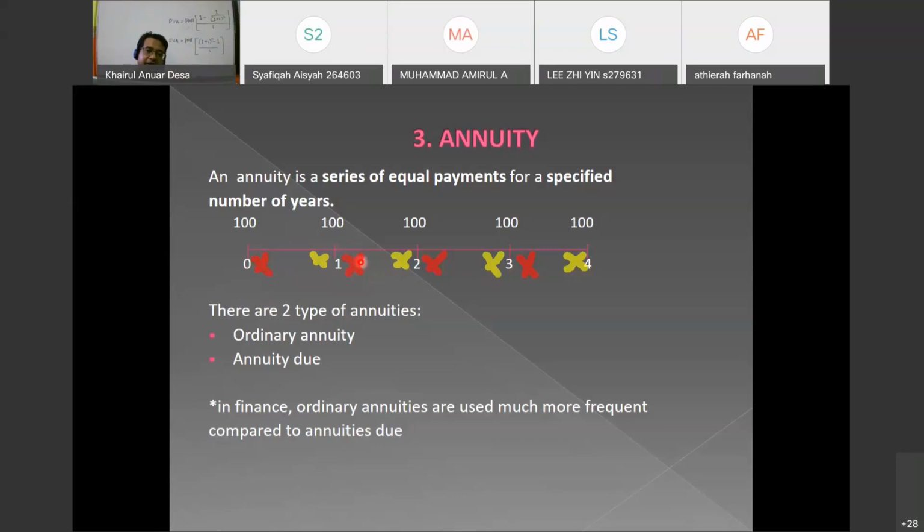Dan kita akan ada the balance, we survive here until the next salary. Then we pay again all the debts, and we survive and receive the next salary, and the situation happens again and again in our life.